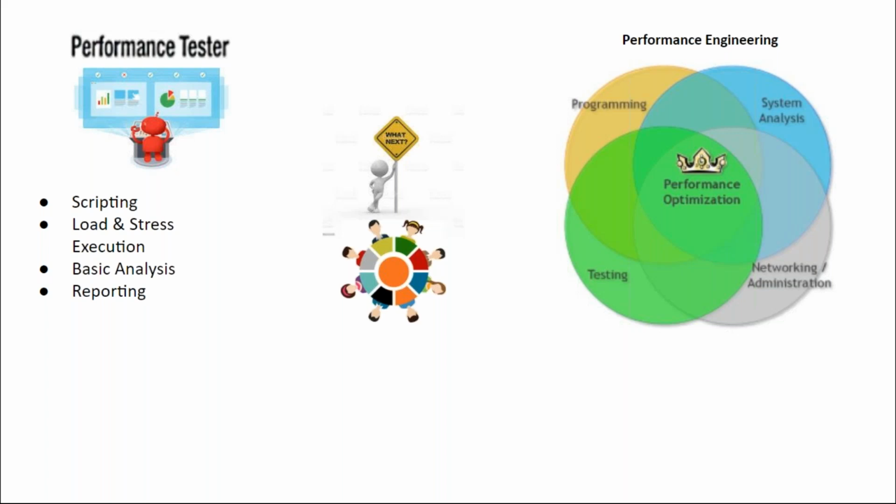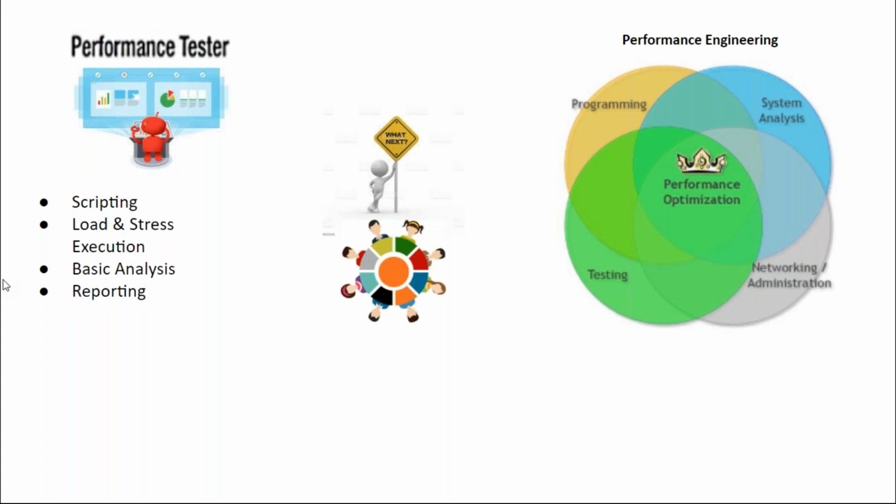When I say performance engineering, this is going to be a combination of a couple of things. If you see the diagram, there are four things. One is testing, obviously. You should have good knowledge of performance testing, which we already have.